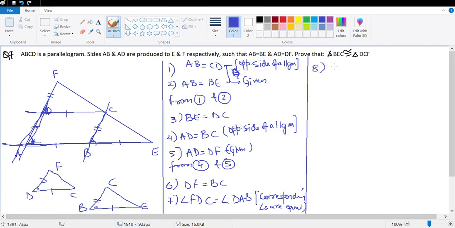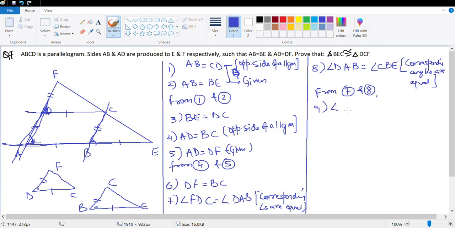Number 8 would be angle DAB is equal to angle CBE. Why? Again, these are corresponding angles, which are equal. So from 7 and 8 I get angle FDC is equal to angle CBE.